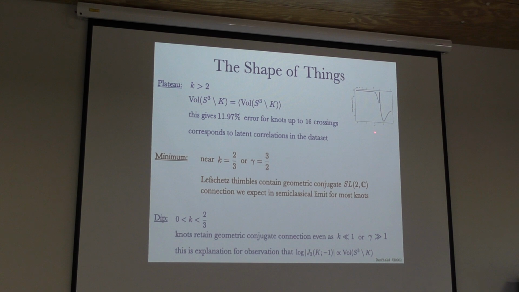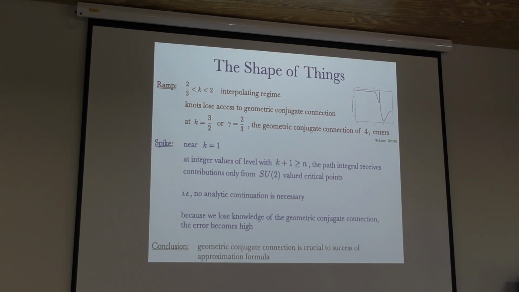And then we have this dip where the knots retain the geometric conjugate connection, for many knots, but not all knots. And then we have the spike. The spike corresponds to the integer level, and the integer level means you do very badly. Effectively what's happening is that at the integer level, the approximations you're doing structurally fail.